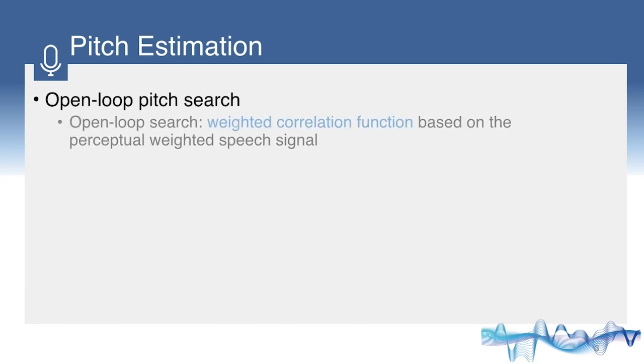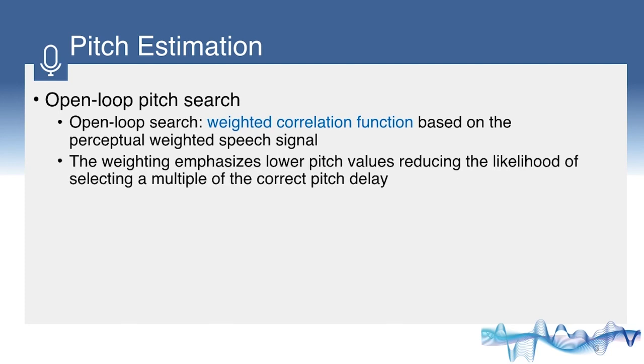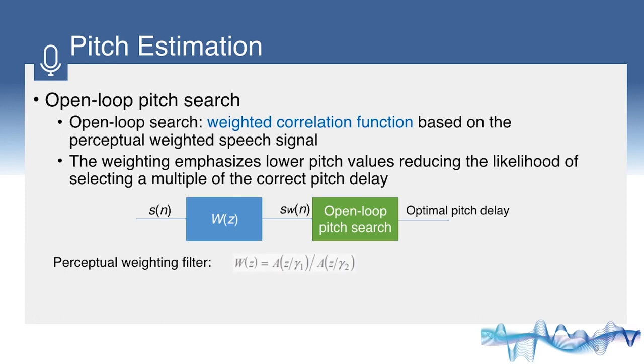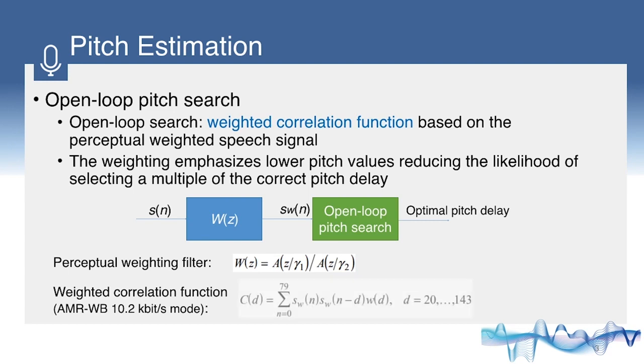Some speech coding standards like G.729, G.723.1, and AMR use the methods of open loop and closed loop search to estimate pitch. The accuracy of pitch searching directly affects the quality and efficiency of speech coding.